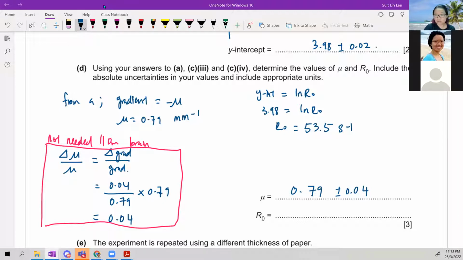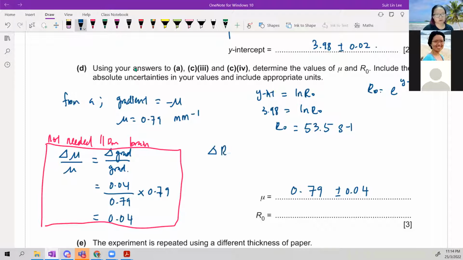Okay, this one, you could use half the range. Okay, so I can find the uncertainty in, because the way I look for R naught was e to the power of y-intercept, correct? And my y-intercept is 3.98 plus minus 0.02.